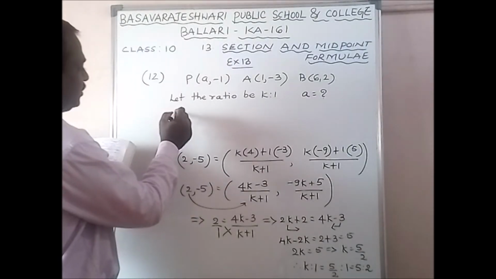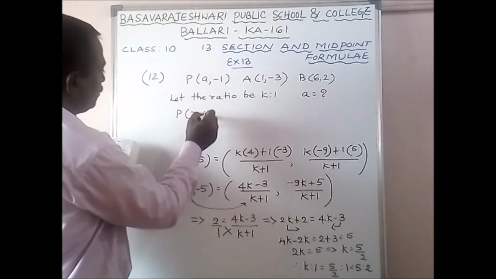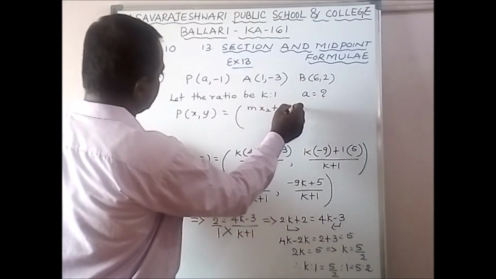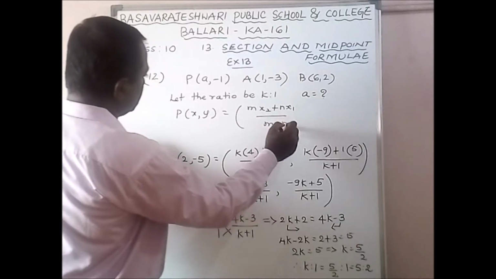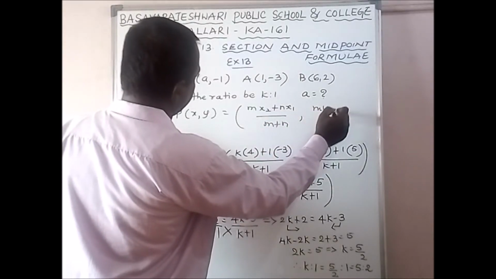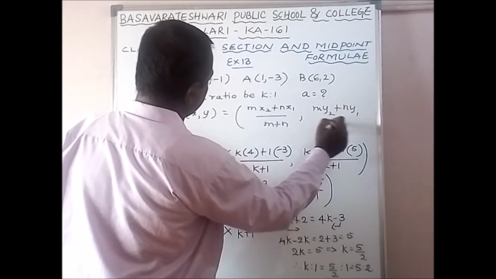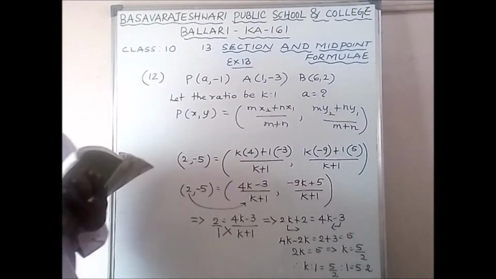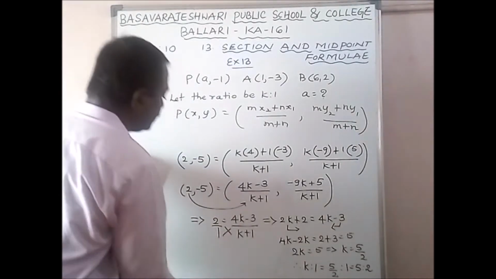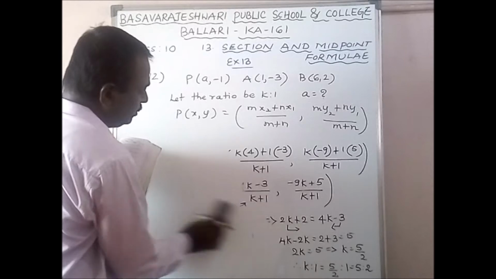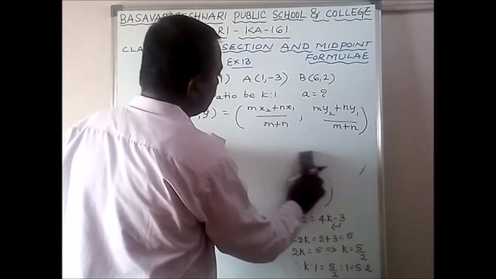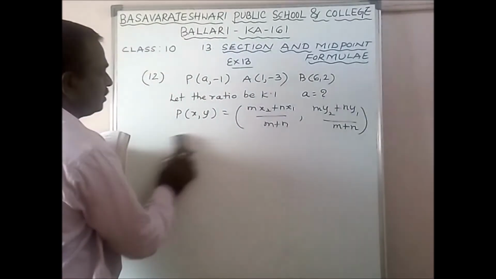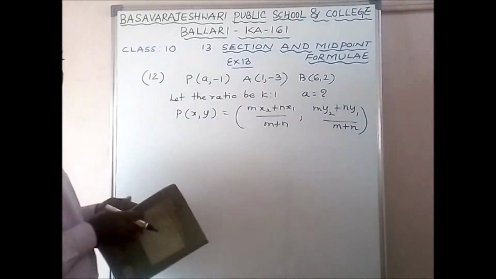So what is the formula, the section formula? P(x, y) is equal to (mx2 + nx1)/(m + n), (my2 + ny1)/(m + n). This is the formula. Now we have to substitute the values.